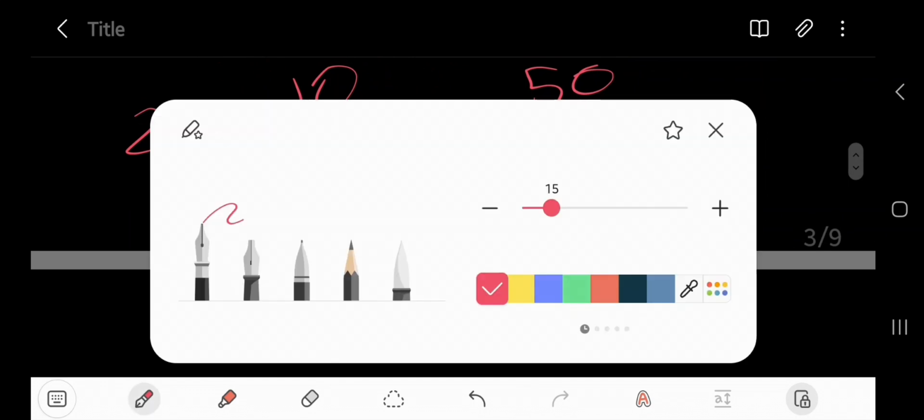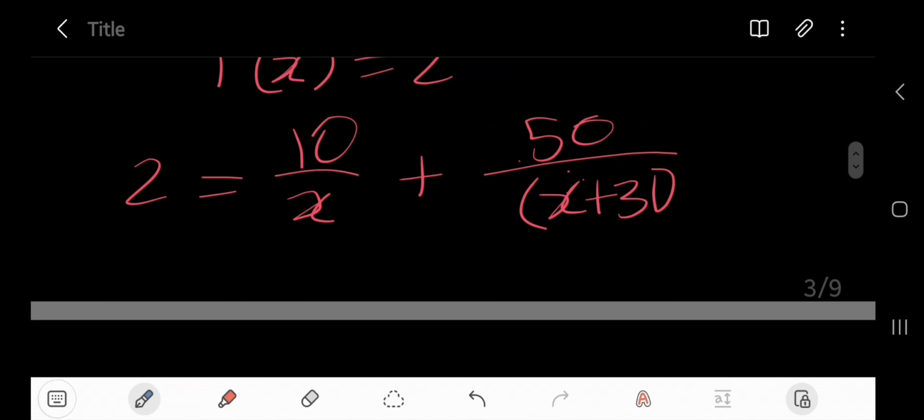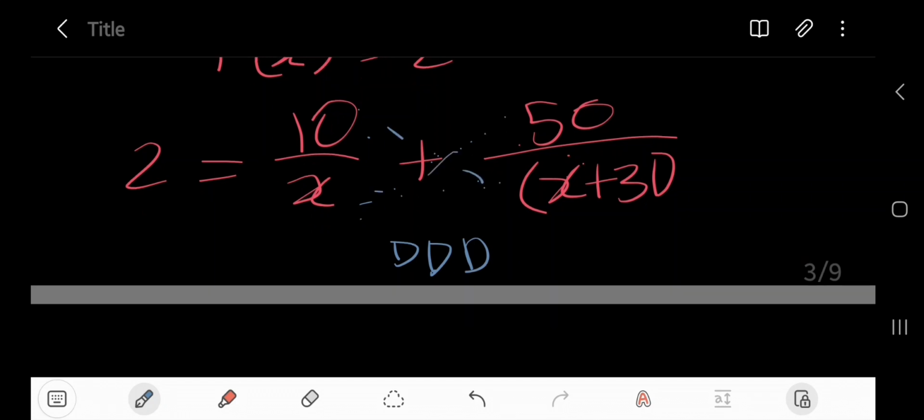We see that we have an equation with one unknown variable, which means we're not going to be doing simultaneous equations. One method we can use to simplify this expression is the DDD method, which means we multiply the diagonal, the other diagonal, and then the denominators together.